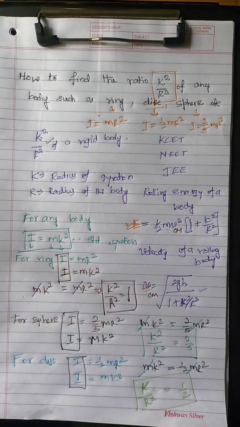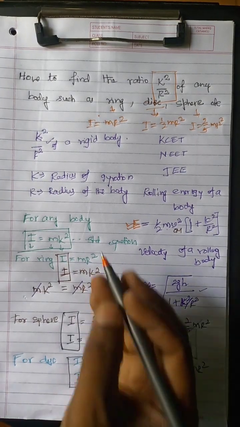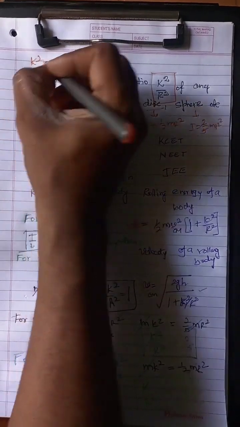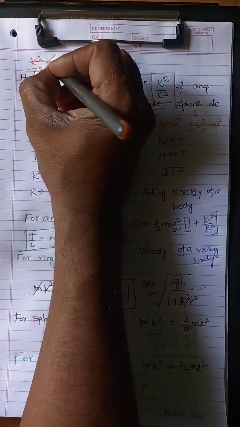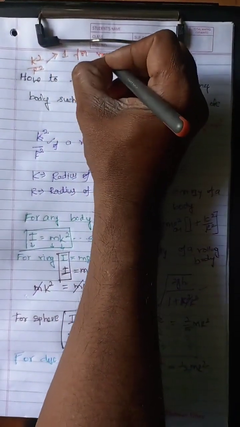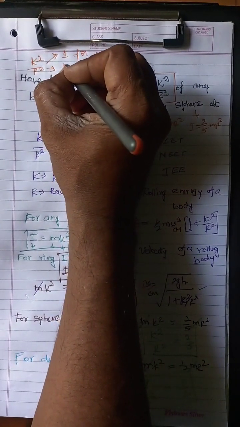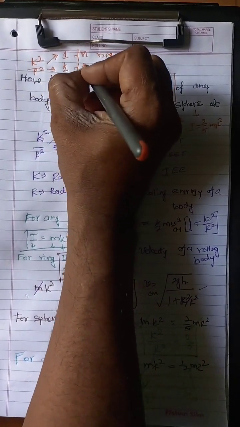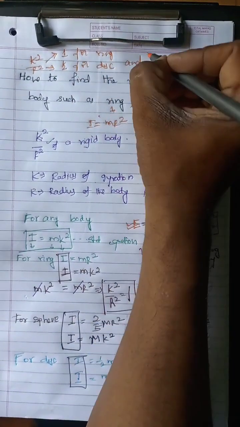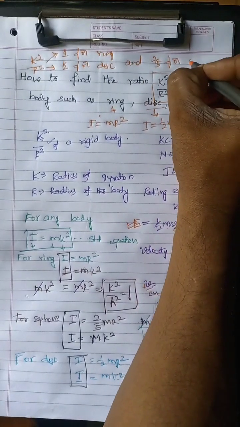Now you can write k square by r square: it is equal to 1 for a ring, half for a disk, and 2 by 5 for a sphere.